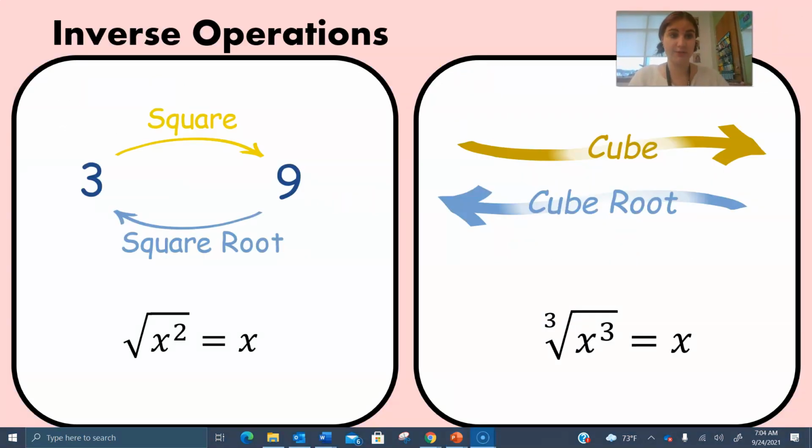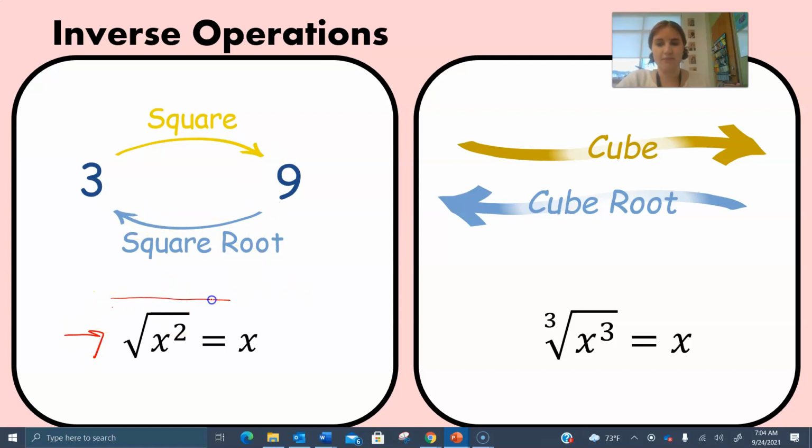The inverse operations for what we're talking about in this unit are squares and square roots. They are opposites. So if I square a number, I can undo it, or do the inverse, by square rooting. We can show this with a little statement here: the square root of a number x squared is equal to that number.